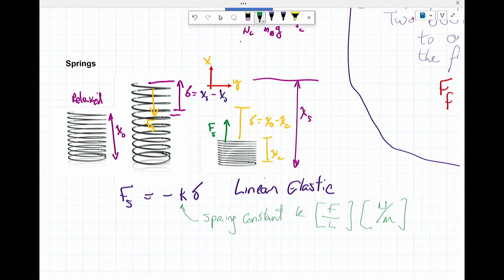A spring constant is defined as force over length, or in SI units, newtons over meters.